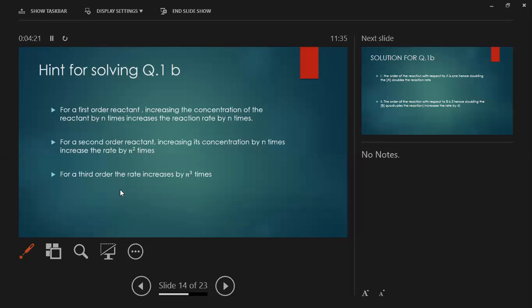Then for a third order reaction, the rate will increase by n to the power 3 times. So for example, if you realize that your reactant is a third order, that it has 3 in front of the number of moles, and it's an RDS step, then if you are going to increase the concentration by 2, the rate will increase by 2 to the power 3, that will be 8 times the initial or the original rate.